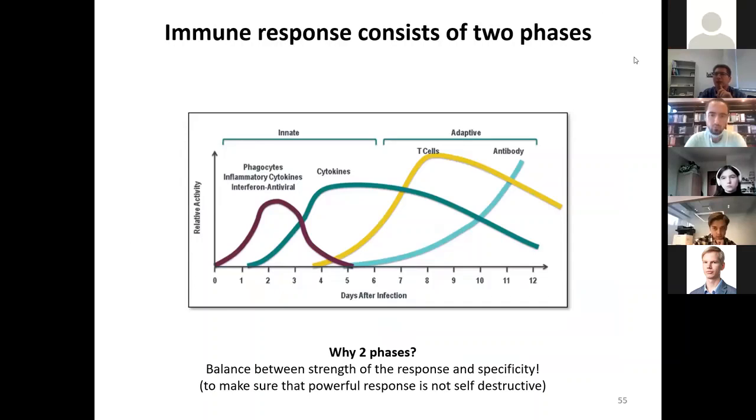Oksana? I just wanted to ask, do I understand it right that the only way to fight the intracellular antigen is to kill the whole cell? Yeah, pretty much. It's when the virus takes a hostage of your host cell, then immune cells kill both the criminal and the hostage.